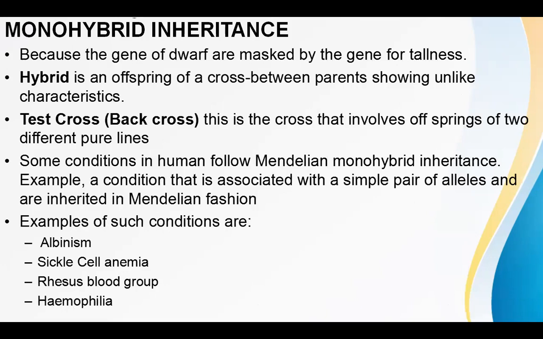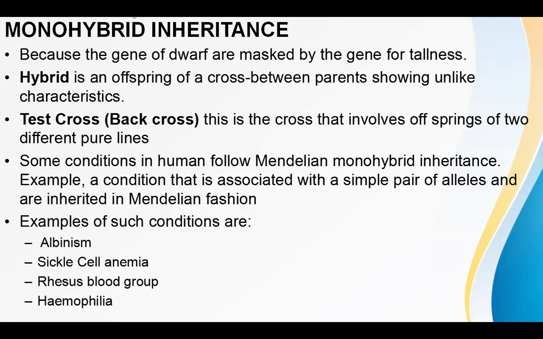Because the gene for dwarfness is masked by the gene for tallness, that is how dominance and recessiveness work. A hybrid is an offspring of a cross between parents showing unlike characteristics. So a hybrid can show characteristics different from its parents because of the crossing of those genes.